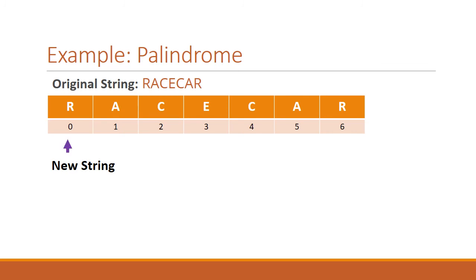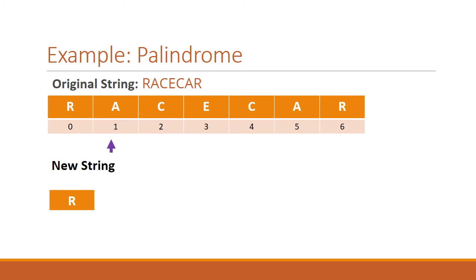So we begin by assigning the new string the first character in the original string, and therefore the new string becomes equal to the character R. Next, we'll add the second character in the original string, which is A, to the beginning of the new string.